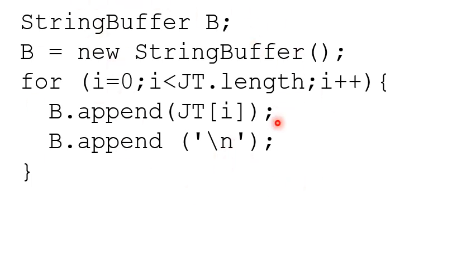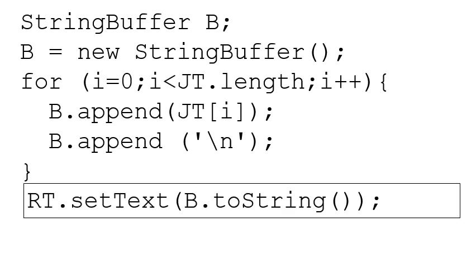So this is the syntax to use a string buffer to glom or concatenate a whole bunch of strings together into one. And we put a carriage return between each one. And then we convert that to a string from the string buffer and pass it into the two text areas.